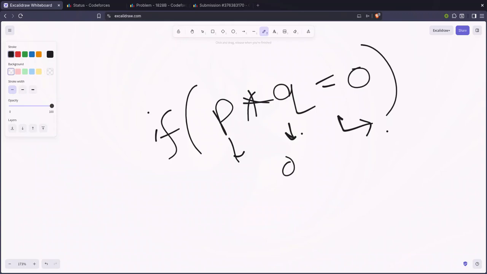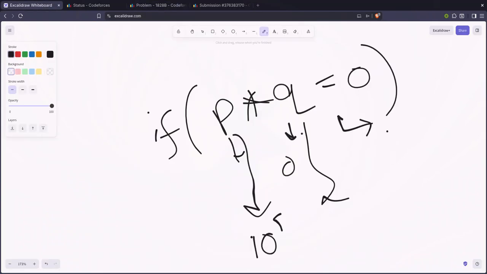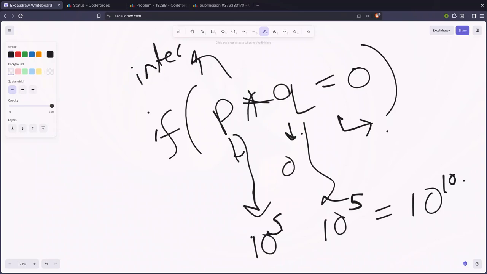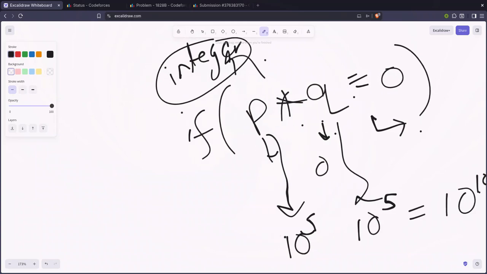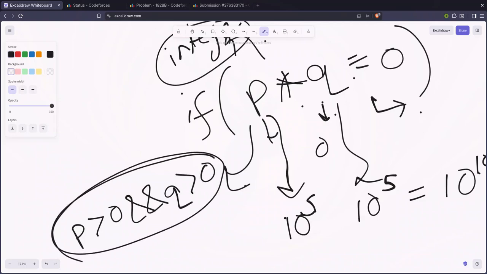But what happened was, as p and q were elements from 2 to 10 to the power 5, 10 to the power 5 times 10 to the power 5 is 10 to the power 10, and I used int, so there was a data overflow. So instead I was getting an error. I spent a lot of time debugging that. So instead of trying the clever way, you need to directly use p should be greater than 0 and q should be greater than 0. Okay, thank you, that's it.